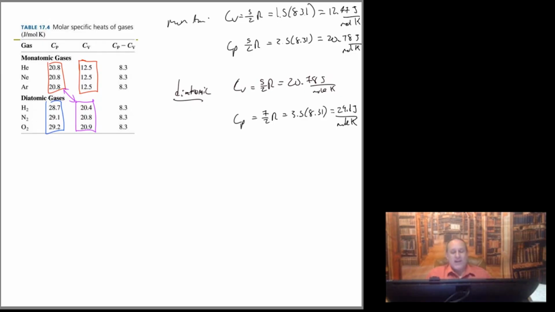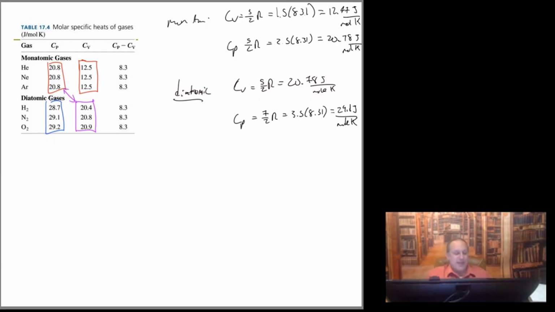Okay, so why is it not quite right for diatomic gases and it's perfectly spot on for monatomic gases? Well, that's a little bit hard to explain. I'm just going to give you a sense of why it is, but you've got to take a few more years of physics to actually calculate why it's different.